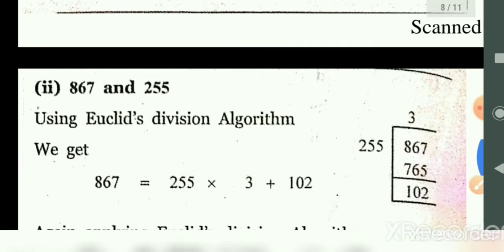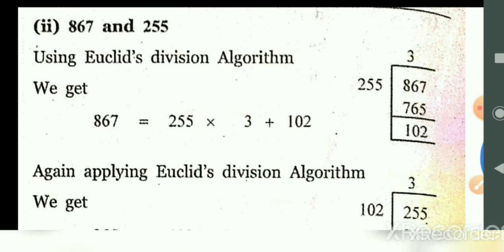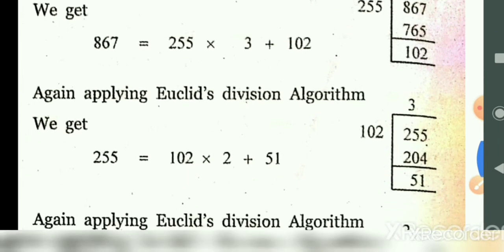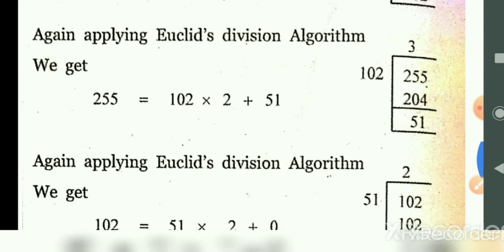So next sum, the same process: 867 and 255 using Euclid's division algorithm. So 867 divided by 255, 3 times, so the remainder is 102. 102 is not equal to 0. Again applying Euclid's division algorithm: 255 equals 2 times 102 plus 51. 51 is not equal to 0.